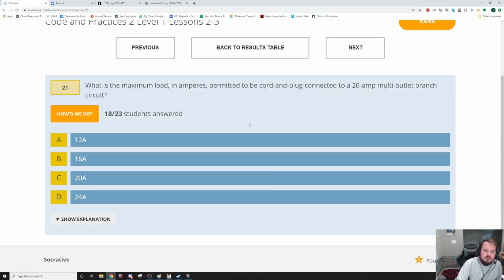Alright. What was the maximum load in amps to be cord and plug connected to a 20 amp multi-outlet branch circuit? That is directly above the last question, Table 210.21(B)(2).